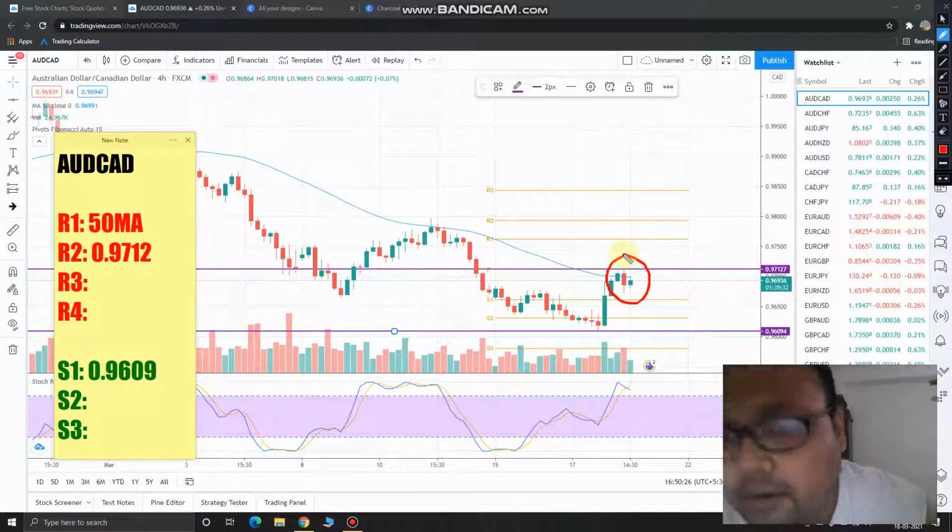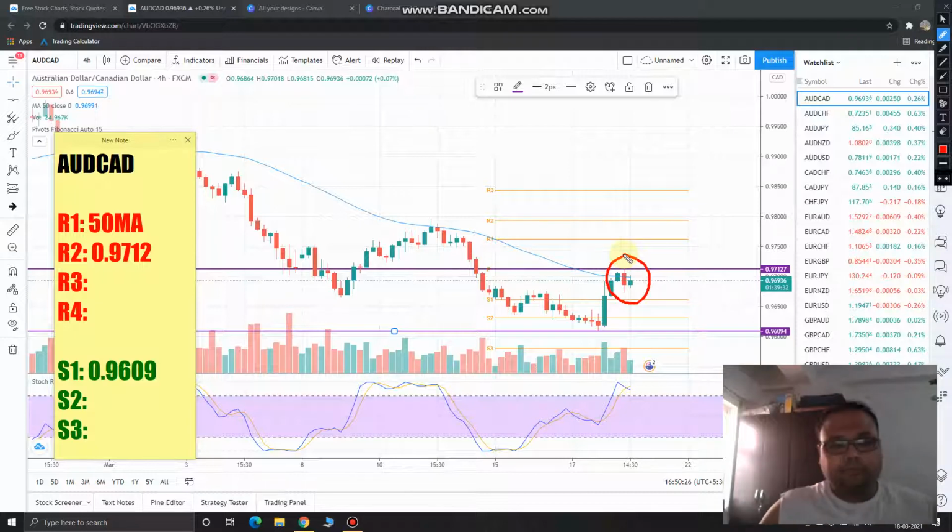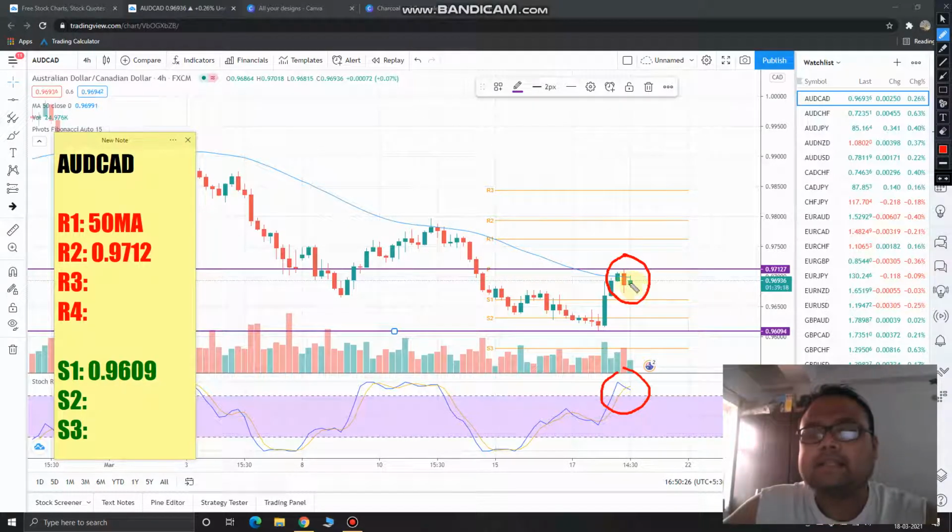Therefore, we need to have some confirmation before shorting the market. Though market is in an uptrend still, right now we are getting the price rejection. Let's wait for some time and let's confirm whether market will go down or not.